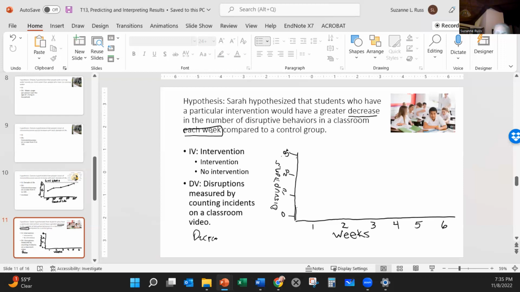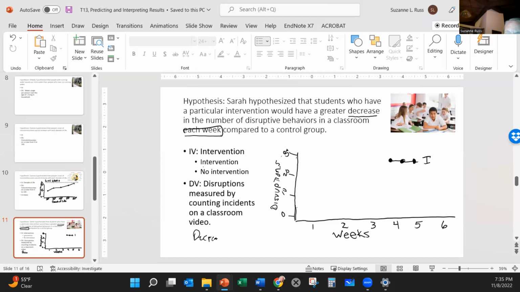Now, in this case, we have 2 groups. We have the intervention condition and the no intervention condition. So we're going to add a little key. We're going to use for our intervention condition something that looks like this: solid dots connected by lines.